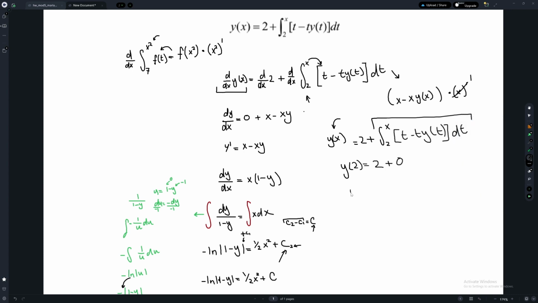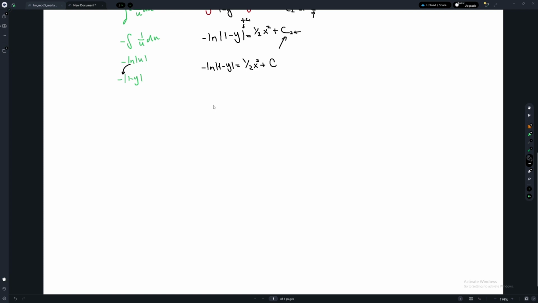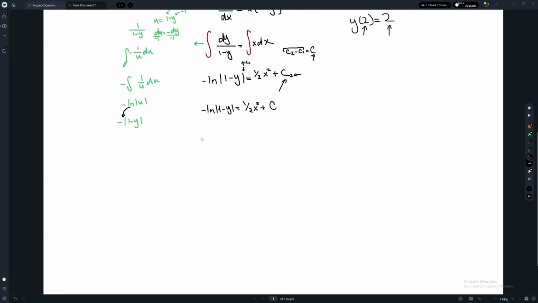So now we have y at 2 equals 2. Now I have 2 points, I have my x and I have my y. To solve for my c, I can just plug my numbers in.